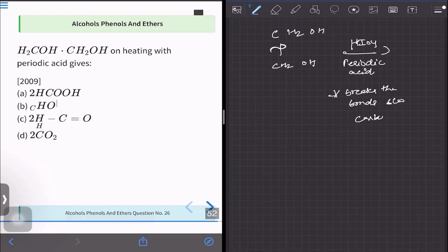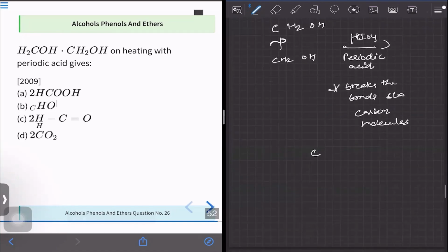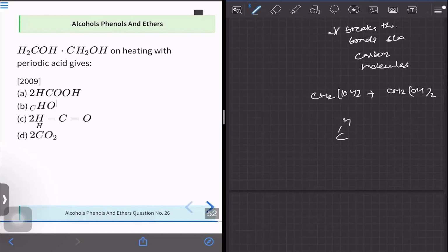So it breaks the bond and produces two CH2OH fragments. See, this carbon has H, OH and OH.